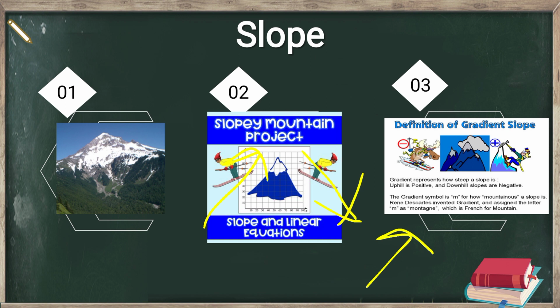Okay? So the gradient symbol is m for how mountainous the slope is. Based on René Descartes, who invented the gradient and assigned the letter m as montagne, which is French for mountain. So remember René Descartes, who invented the concept of the rectangular coordinate system. He is also the person behind this slope.